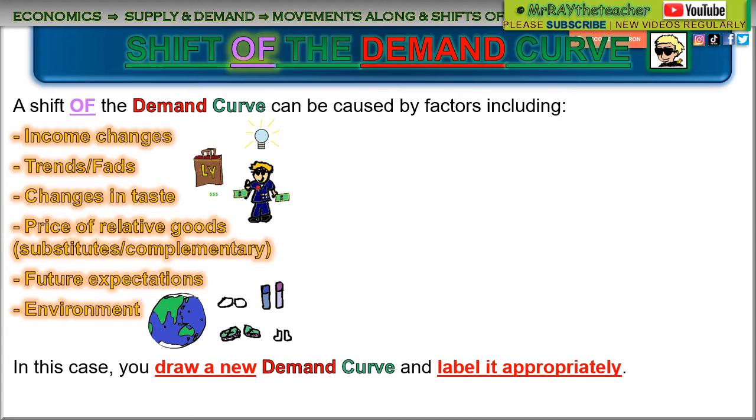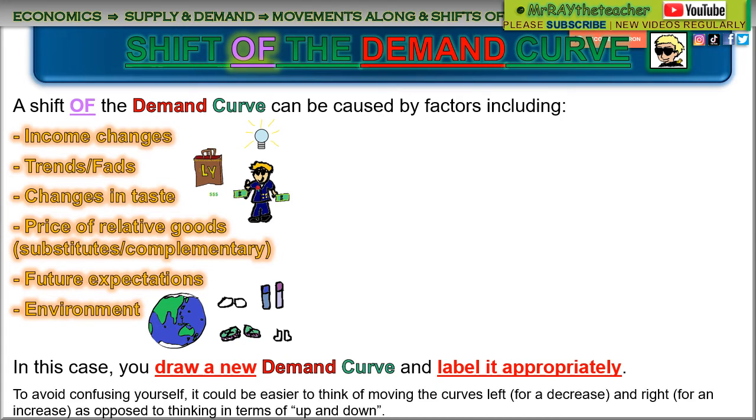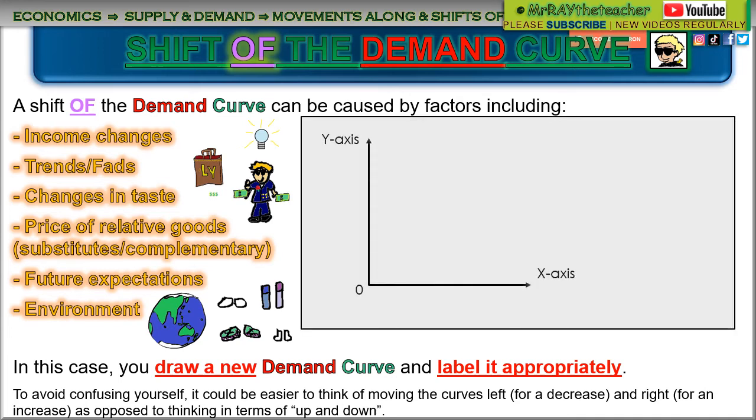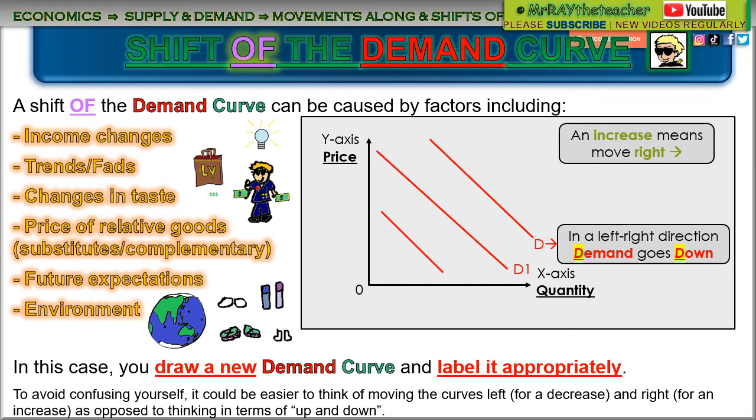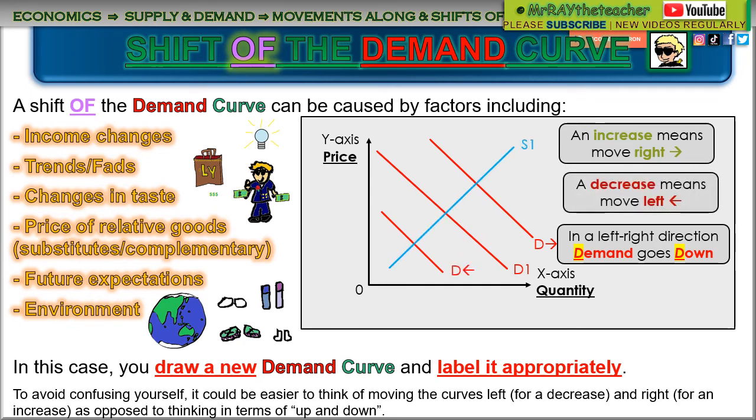In this case, you do draw a new demand curve and label it appropriately. And same thing, it's easier to think of moving the curves left and right as opposed to thinking in terms of up and down, just so that you don't get confused. So price, quantity. Demand goes down. D1, demand increased, demand decreased.